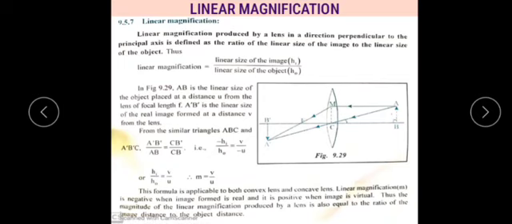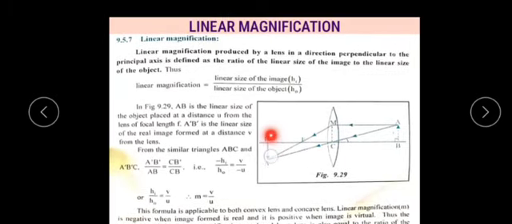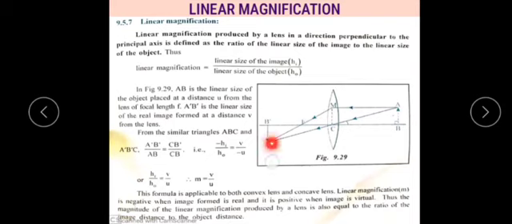One ray is parallel to the principal axis and passes through the principal focus. The other ray passes through the optical center, and these two rays meet at a point. This is the image, and the distance from the image to the optical center is called the image distance.